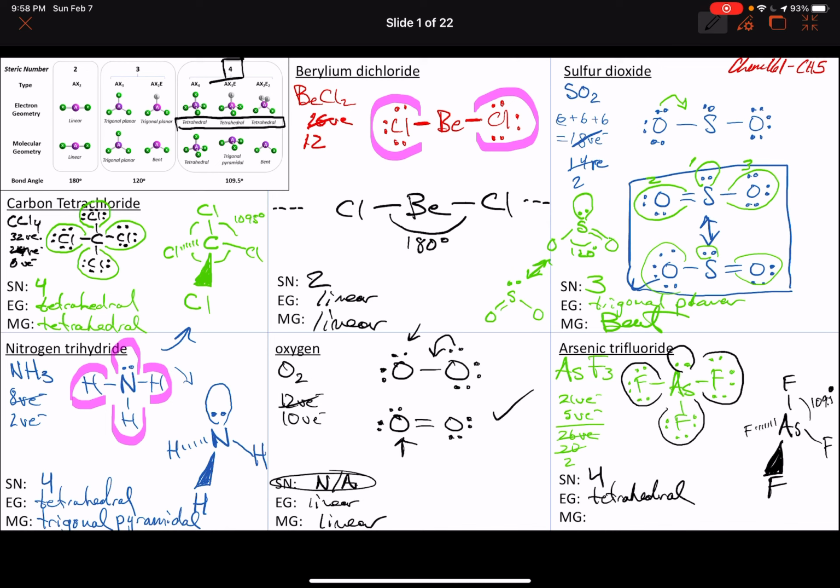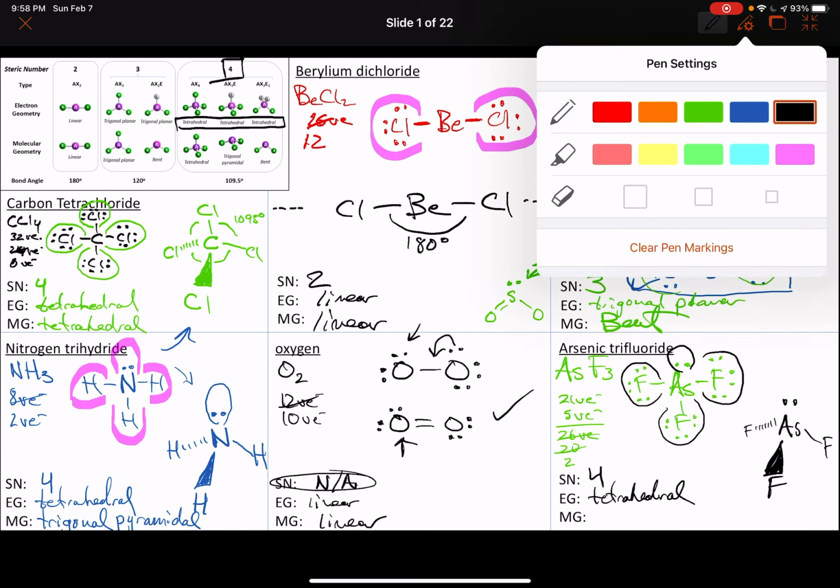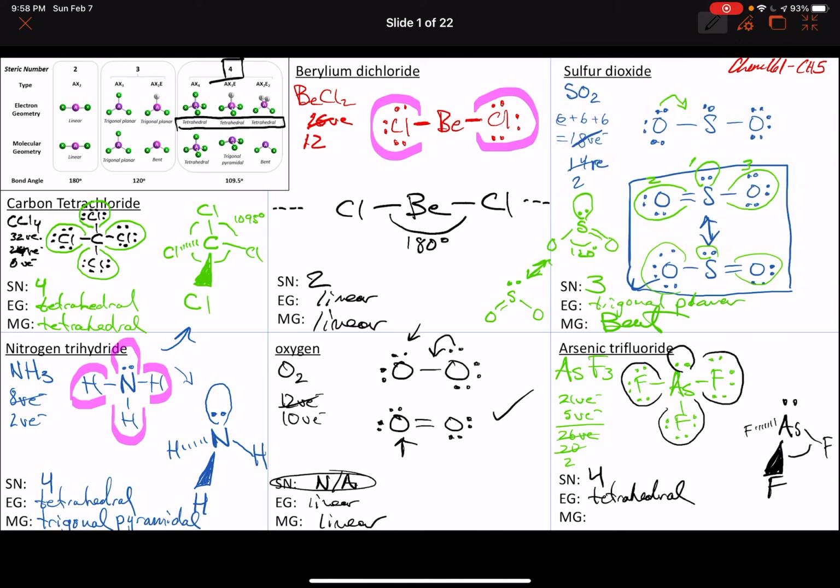Oh, I'm sorry, a lone pair at the top. There we go. And our angles below are still the same, still representing 109.5 degrees, roughly, right here.